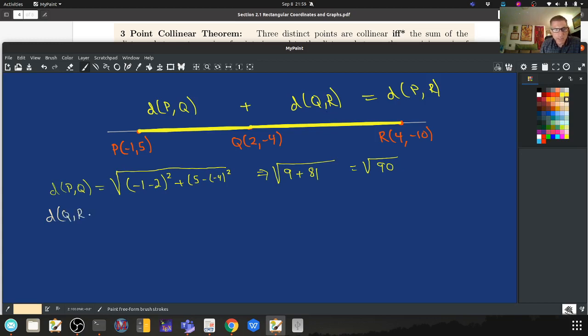Again, there's no getting around it. We have to use the radical. So it's the difference between Q and R. It's the difference in their x coordinates, 2 minus 4 squared, plus the difference in their y coordinates, minus 4 minus a minus 10 squared.